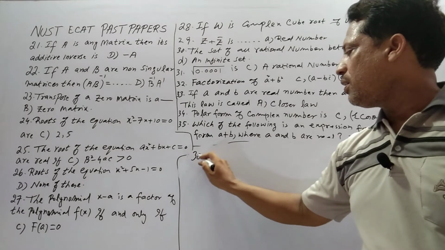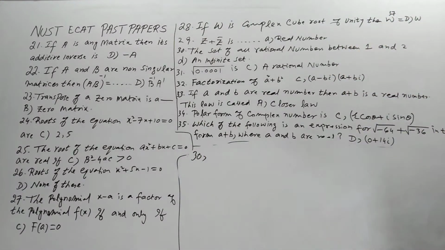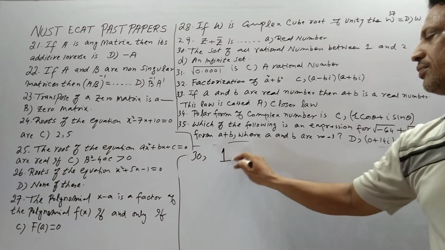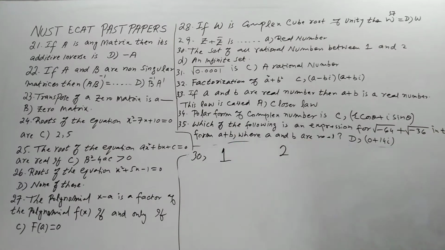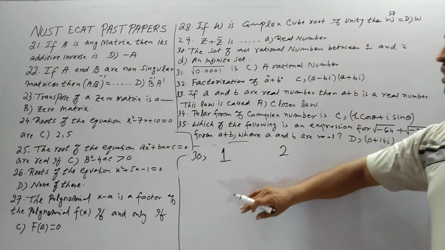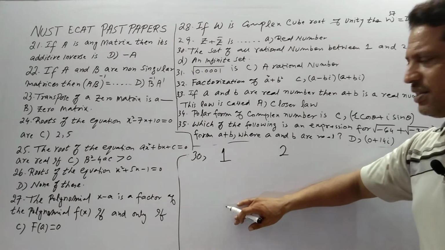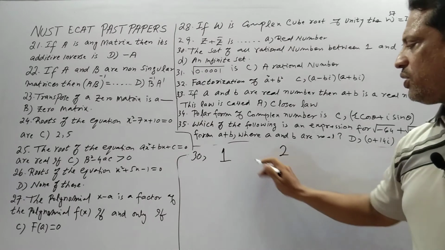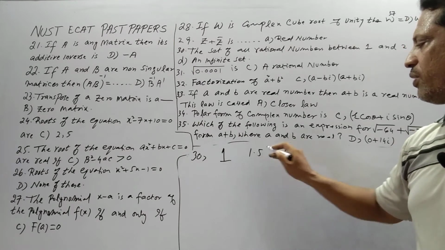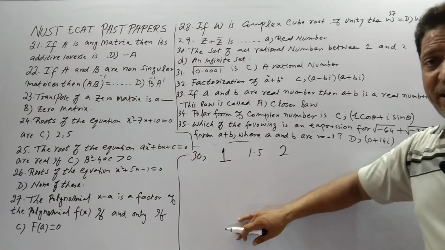MCQ number 30. The set of all rational numbers between 1 and 2. If I ask you how many numbers between 1 and 2, someone says, sir, between 1 and 2 there is a number 1.5. He or she is right.